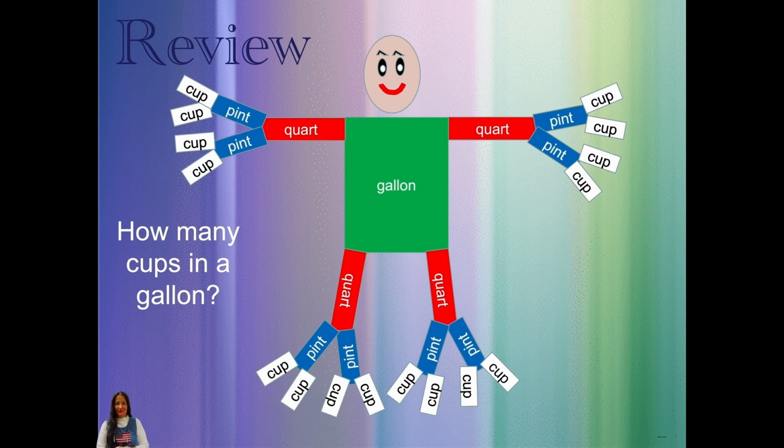Or I can say 4 and 4 more is 8, plus 4 more is 12, plus 4 more is 16. I could group them. 16 cups in a gallon.